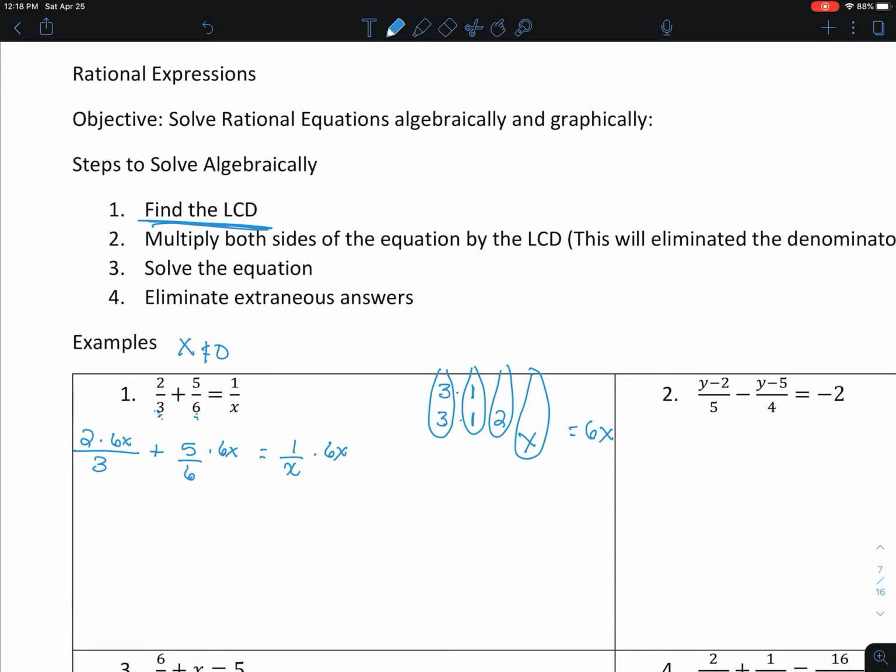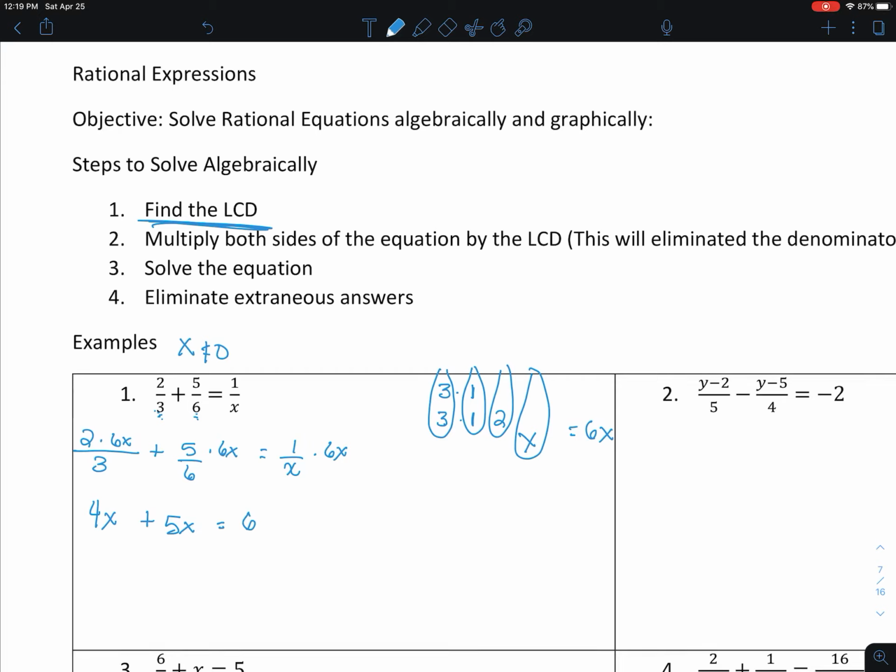Now the reason I have to do that is because when I multiply on one side, I have to multiply on the other side. So if I simplify this, I get 12x over 3, which is 4x. Here the 6's cancel out, and so I am left with 5x. Here the x's cancel out, and I am left with just 6.